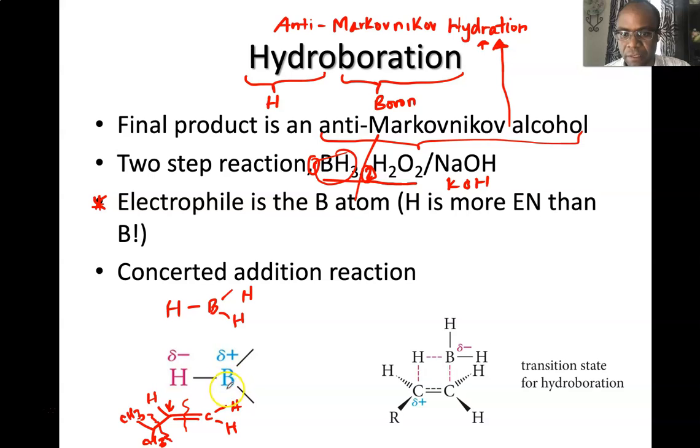The boron will align itself on this side, and then all you're simply doing now is to pick up that hydrogen, and then this bond comes down. So that's what this is showing. That is called the transition state, where you want to break this bond. You want to form this bond, attach the hydrogen to this carbon.